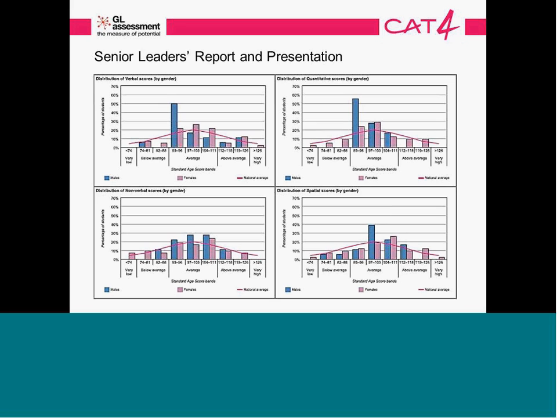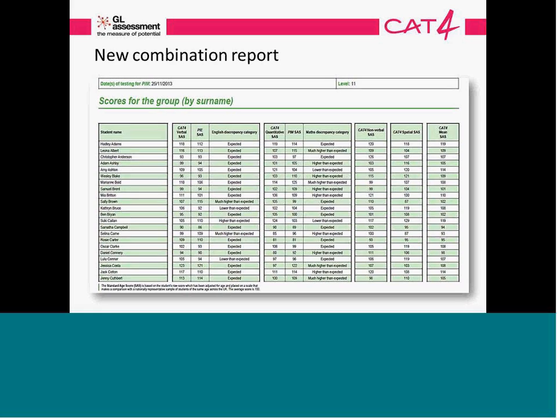Sue almost stole my thunder earlier on because she talked about a combination report. This is available currently for the progress in English and the progress in maths and the new group reading test alongside the CAT test as the anchor. And what it does is it shows, in the case of progress in English, the CAT4 verbal scores alongside and categorises the change in the scores, and that way we can see perhaps it's an easy way of making that initial analysis of perhaps underachievers or coasters.